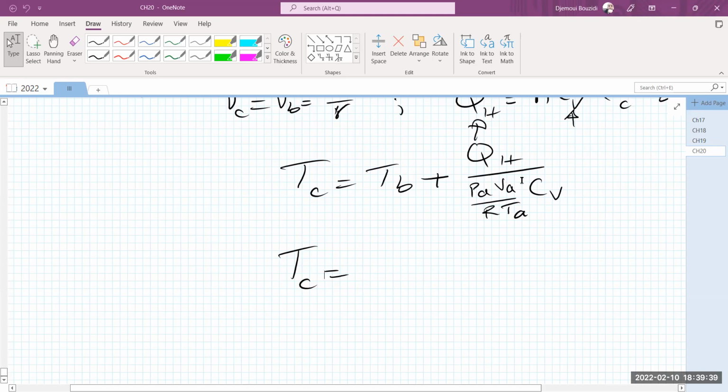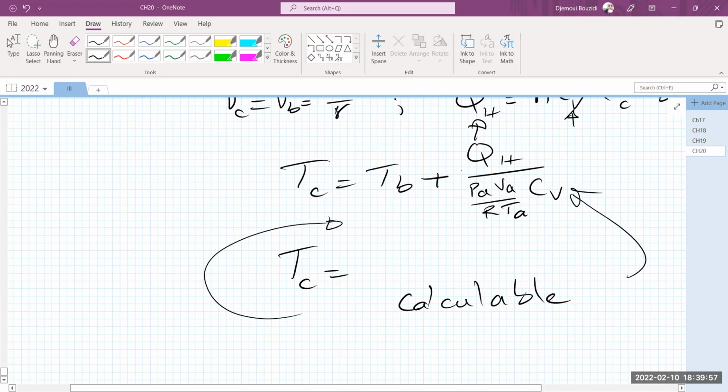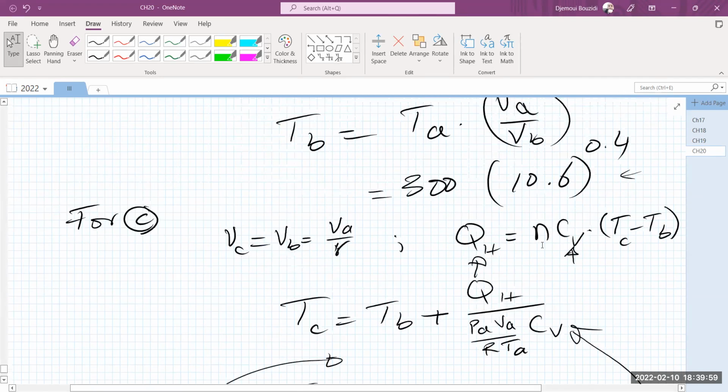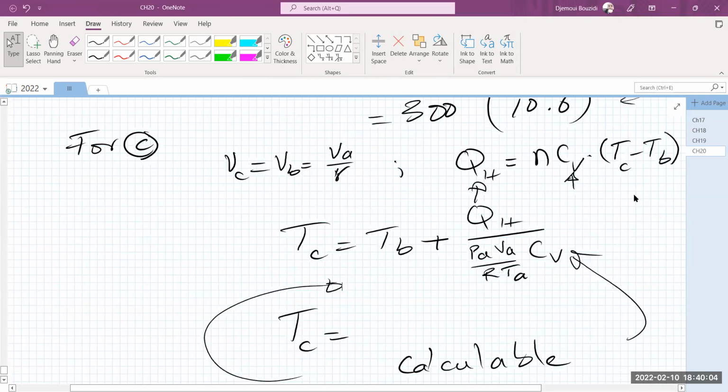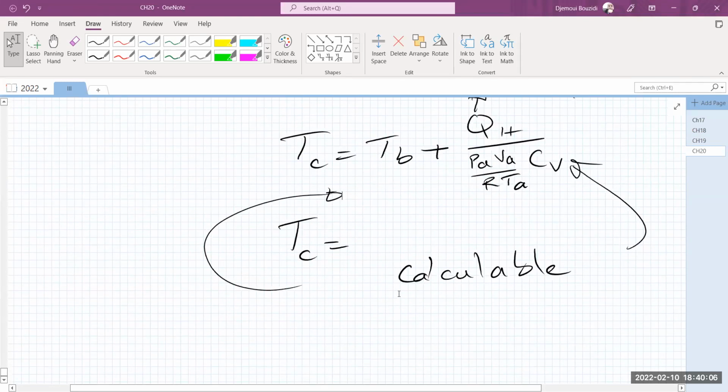So the 10 to the positive 4 and 10 to the negative 4 cancel in this expression, divided by R, 8.314, and TA is 300 Kelvin, and CV is 20.5. Does everybody agree that this is calculable, with everything in here and in here? Yes. You're wondering where TB is coming from? Here it is. 300 times 10.6 to the power 0.4.